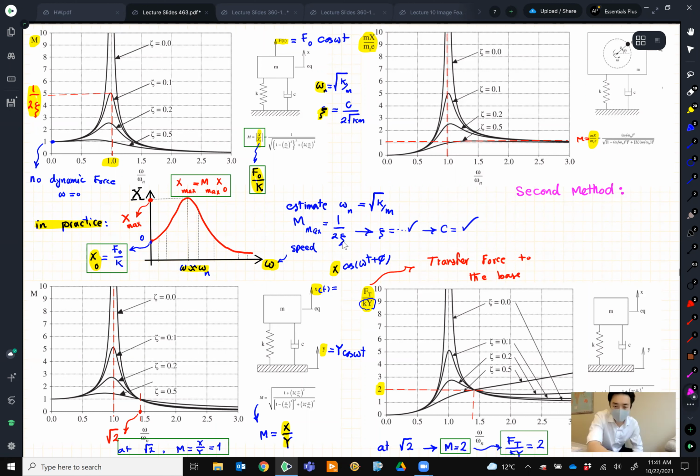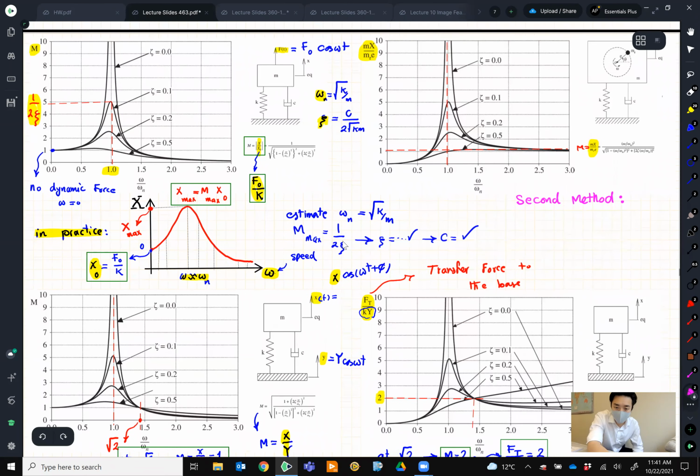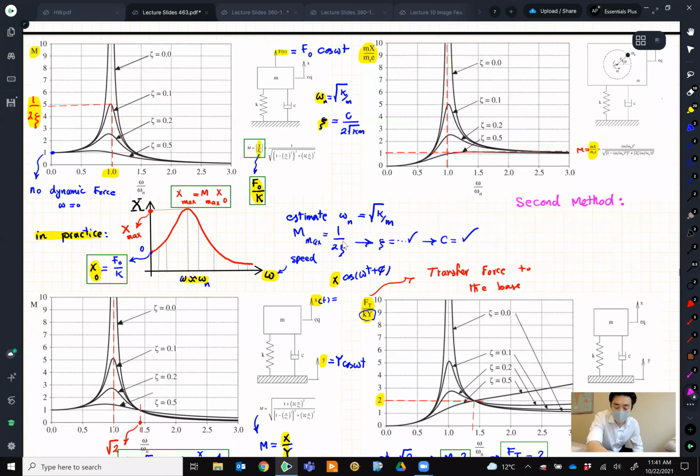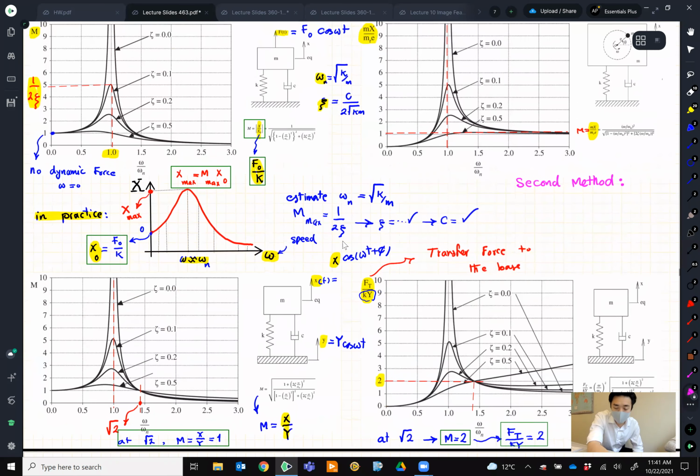Sir, could I ask you a question? Yes, please go ahead, Ansys. When you have harmonic force, is the peak kind of slightly above a ratio of 1? At the bottom right, do you notice that the peak is slightly off 1.0?